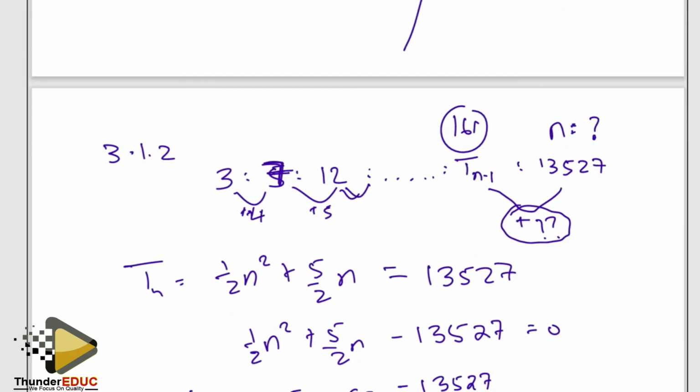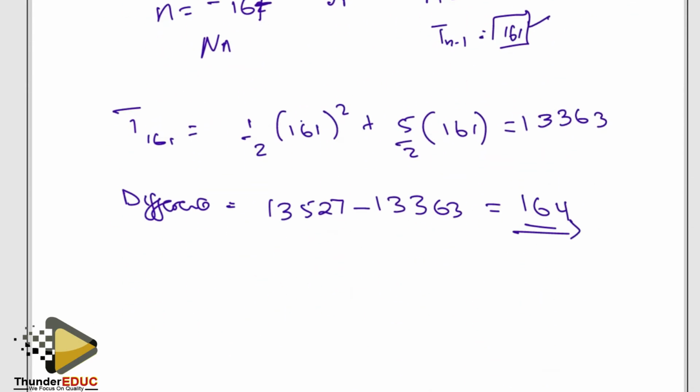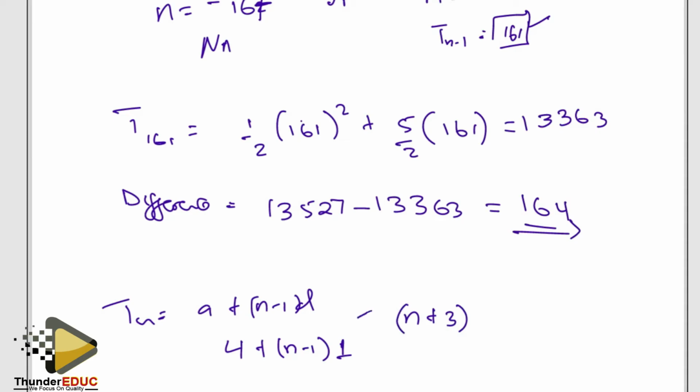Then what that means is that in this position of the arithmetic, the position of this one is going to be 161. Then if I look at my Tn, you know that it's a plus n minus 1 into d. Our first term was a 4 minus n minus 1. Our common difference was a 1. When you simplify that, you'll just have n plus 3.